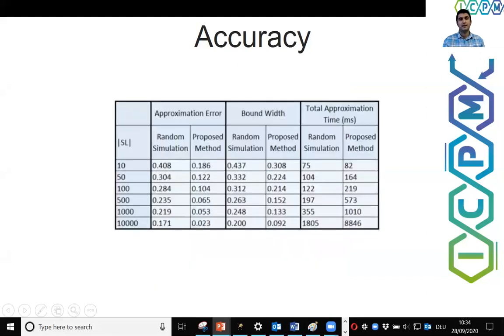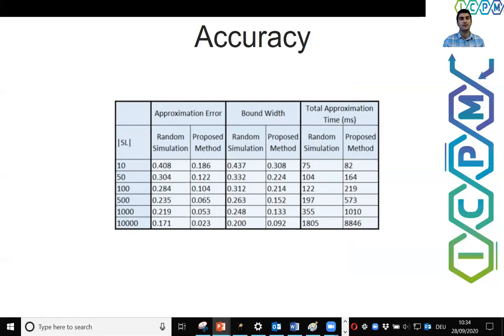In this slide, we compare our simulation method, which uses the event log probabilities and behavior in the event log, with a random simulation method that generates traces without considering the event log. We see that, as we expected, random simulation is faster.